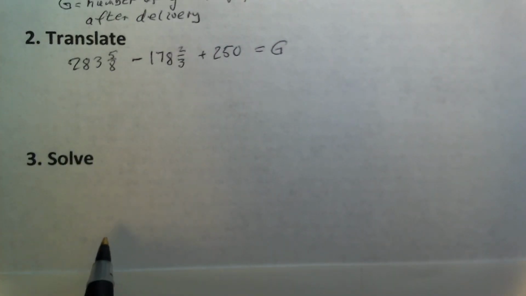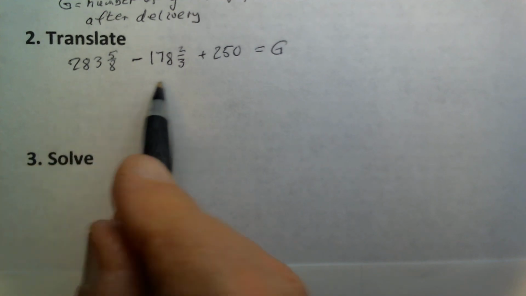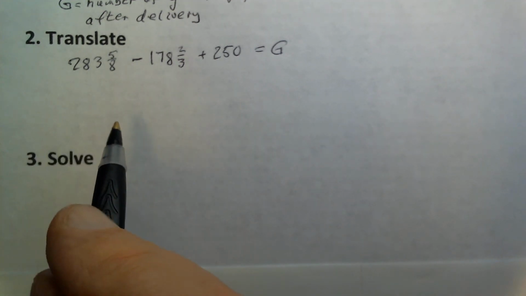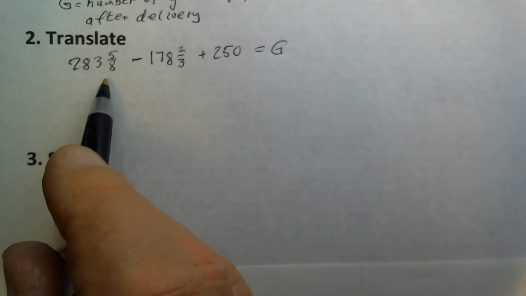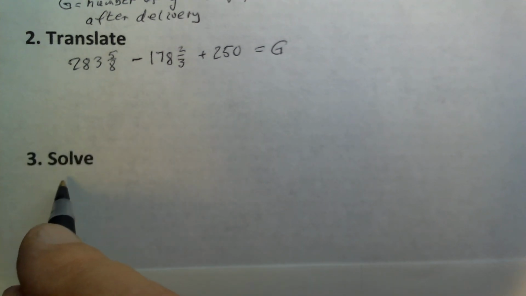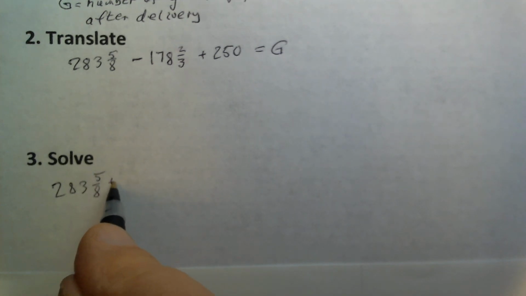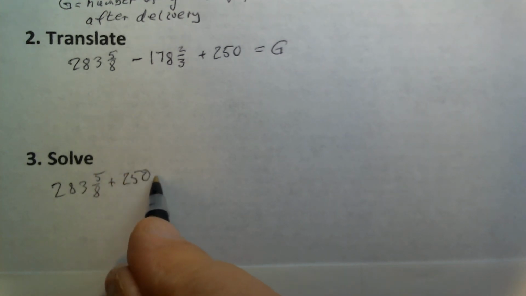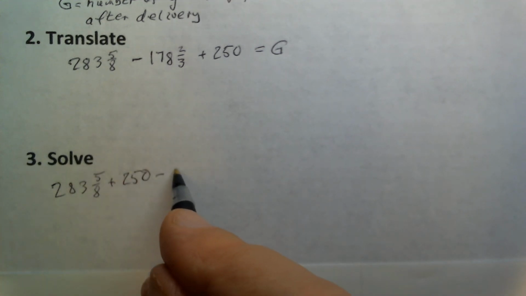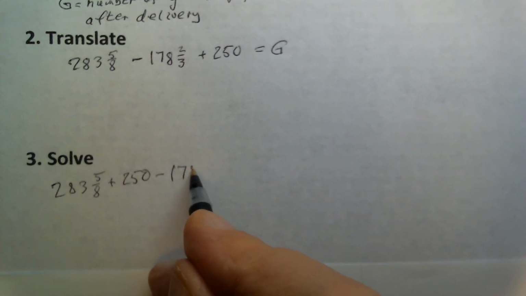Now, there are several ways to solve this problem actually. Let's do this. Let's add 283 and 5/8 and 250. In other words, let's do the addition problem first. 283 and 5/8 plus 250. And then we're going to subtract 178 and 2/3.